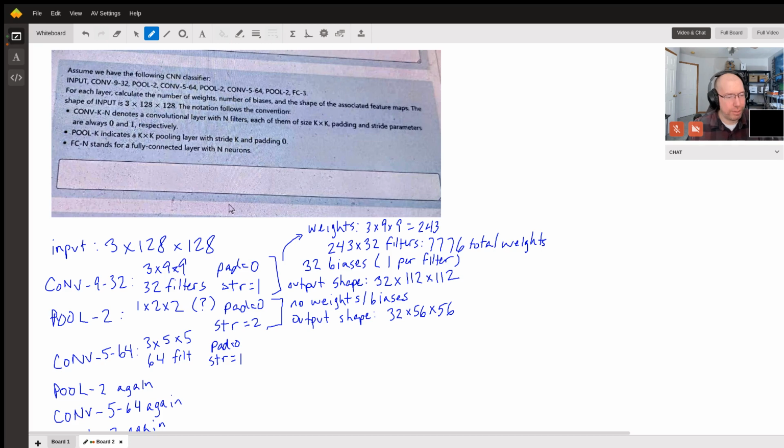Yeah, I'm just looking at how PyTorch calculates their dimensions because it's actually a little bit different than what I'm used to using TensorFlow or Keras.